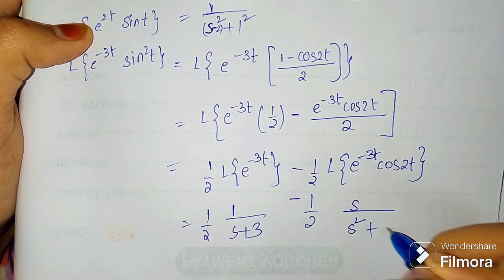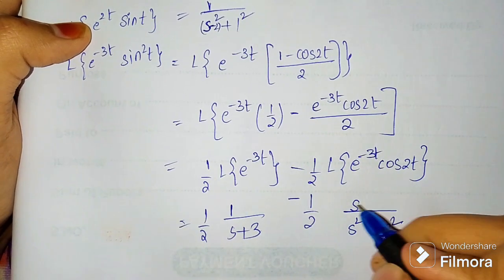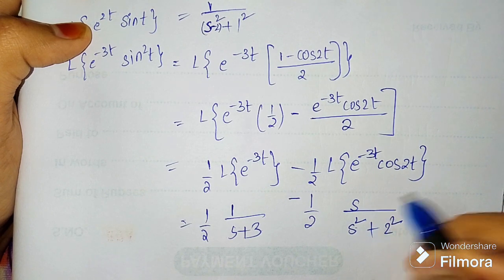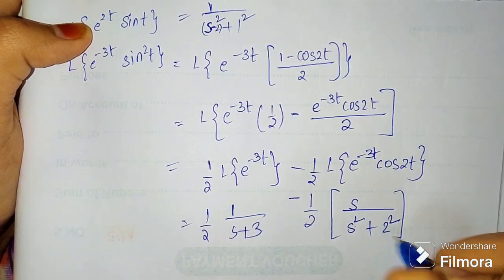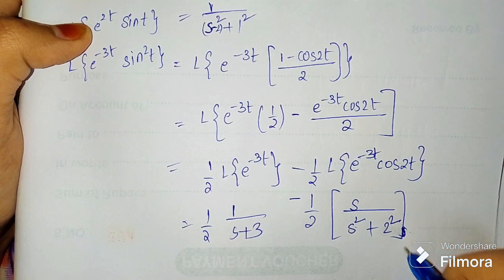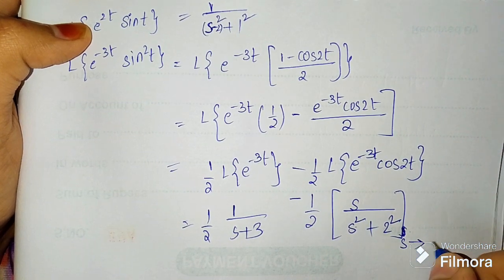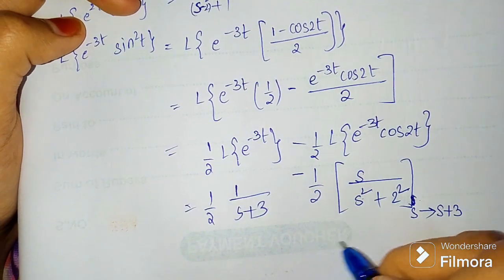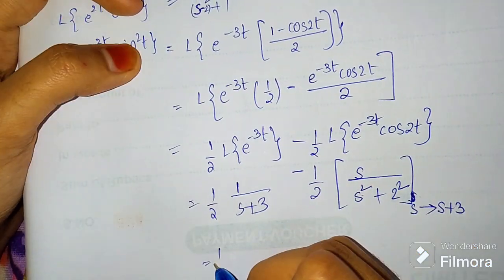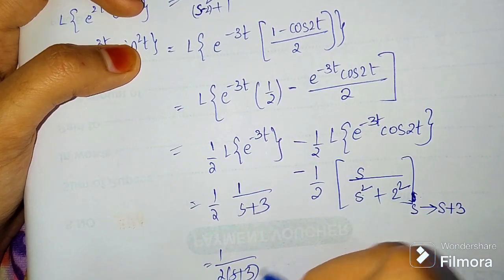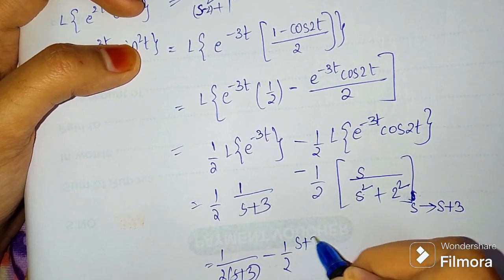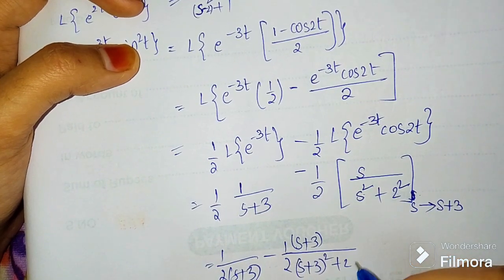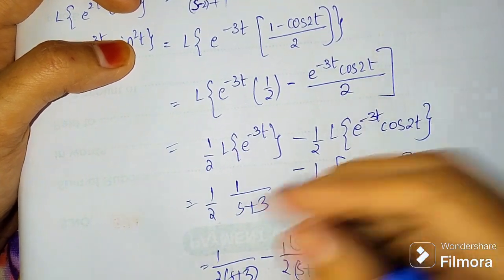So directly you can write s plus 3 in place of s, or you can write it in the next step. Either you can write like this, or in the step only you can write directly, by first shift property.